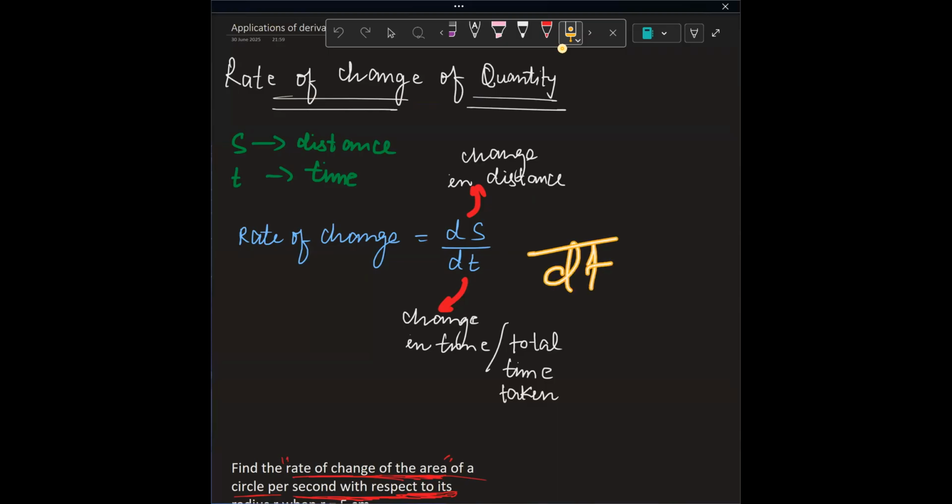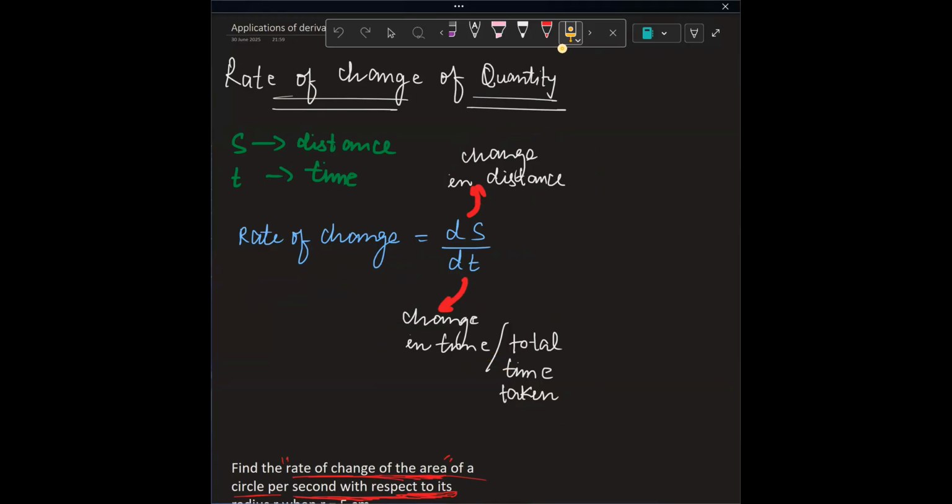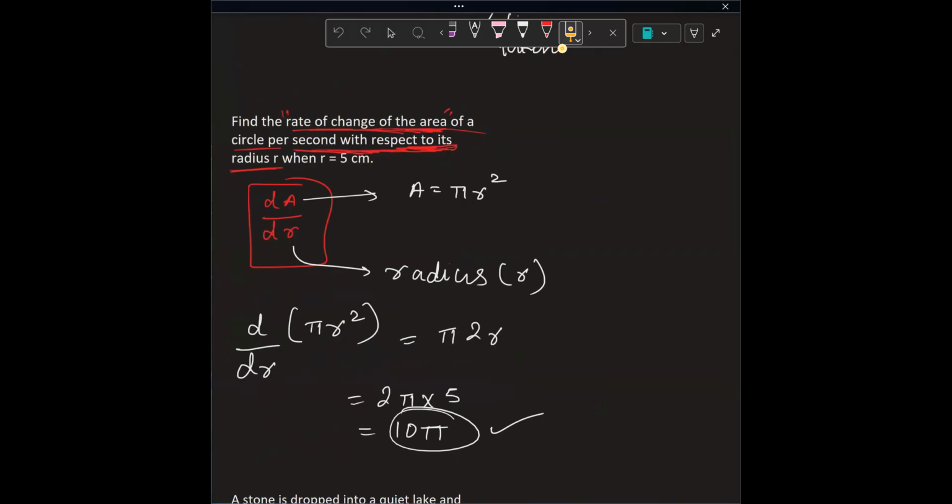So this is the change in distance over the change in time, or you can say the total time taken. So this is a rate of change.